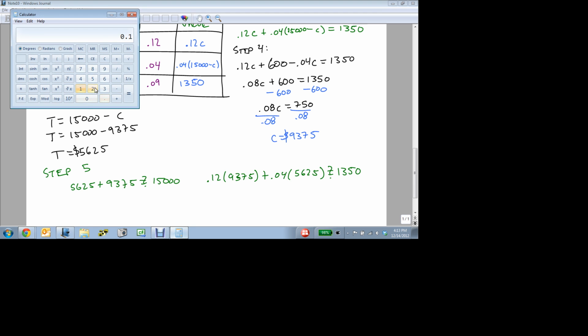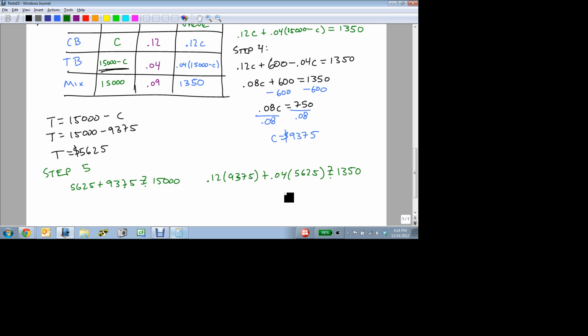So 0.12 times 9,375 plus 0.04 times 5,625 equals 1,350. Sure enough, if I invest my money this way, both sides check out. I invested all my money like I wanted to, and I'm guaranteed to get $1,350 back. So we've checked our answer.